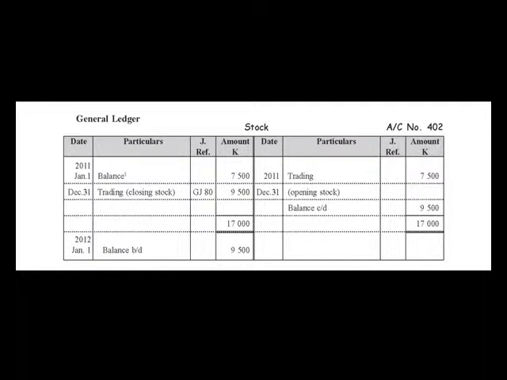Brought down balance 9,500. So a stock account has dual purposes. It is part of the expense account and also part of asset. So this is a different type of account.